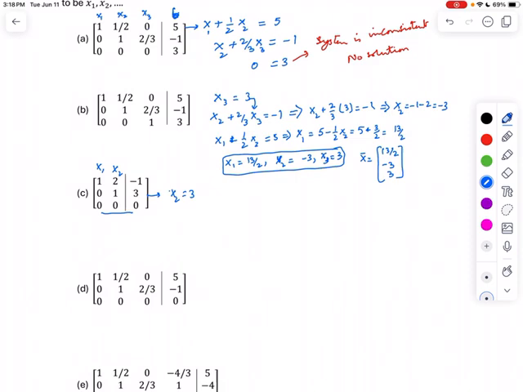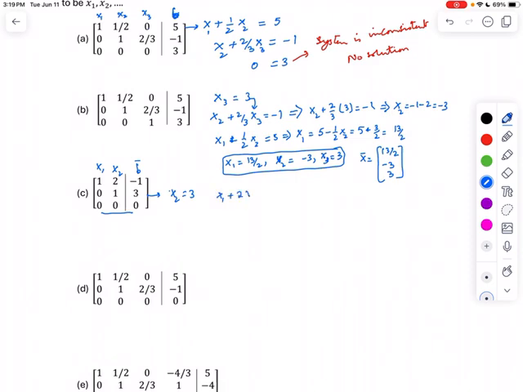The first column is going to be the coefficients of x1. The second column is the coefficients of x2. Now this is not the coefficients of x3 because we see this bar, so it is the augmented matrix. This last column will be the B column, which means these are the values that are going to come on the right side of the equation.